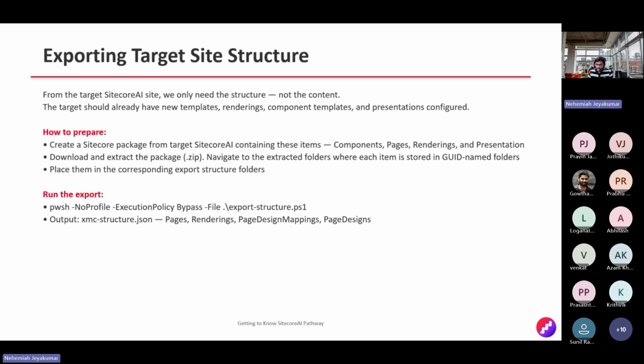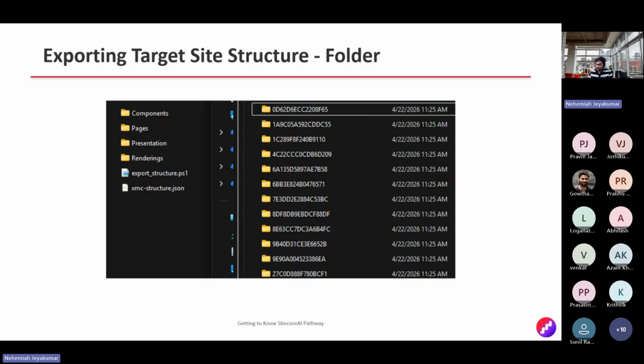Once extracted, you can see your folder structure with GUID names containing all the YAML serialized files. Copy that folder, along with sub items, and place it in each section.